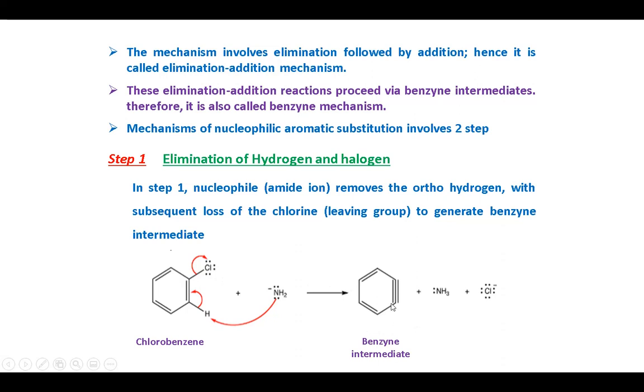The benzyne intermediate has a triple bond in benzene ring. The triple bond in benzyne is unusual, as each carbon of the 6-member ring is sp2 hybridized, having one sigma bond and 2 pi bonds.